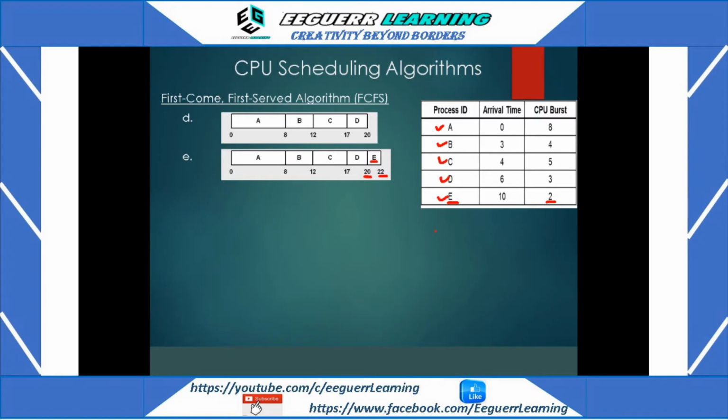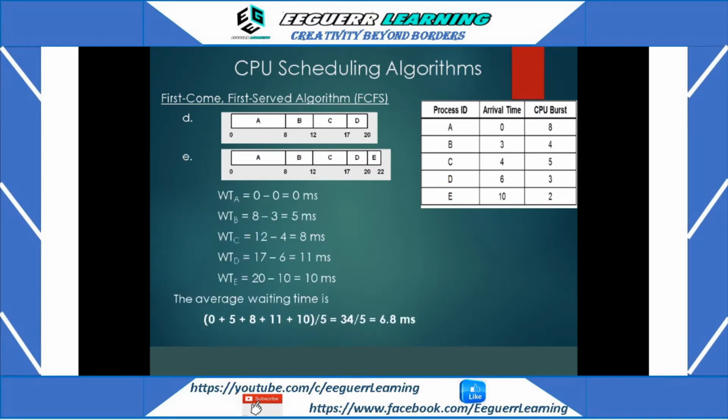Let us go to our computation. We are now going to compute the average waiting time, starting with letter A. First, we compute the waiting time for letter A. We look at the tail part of letter A, which is here.